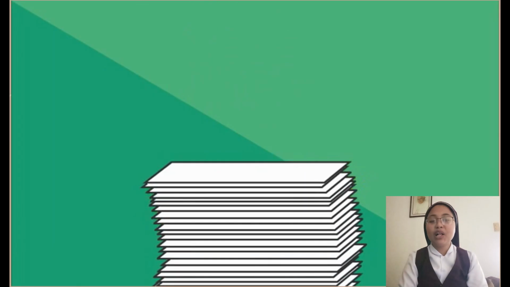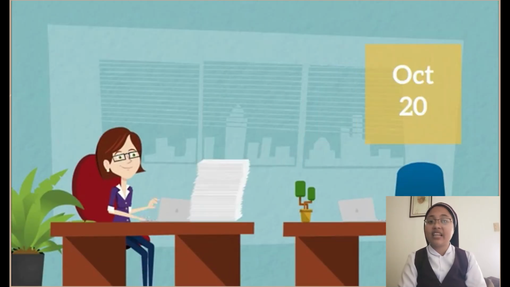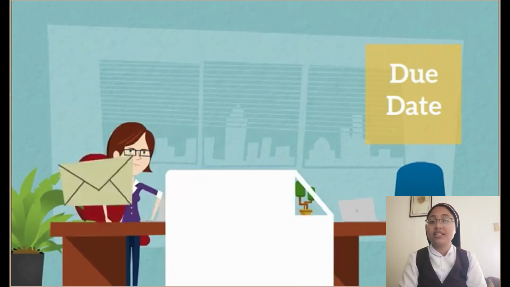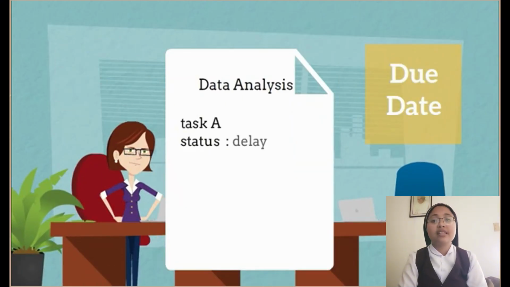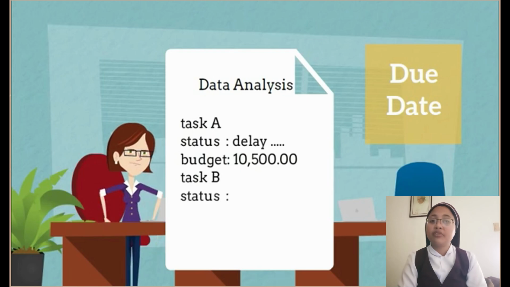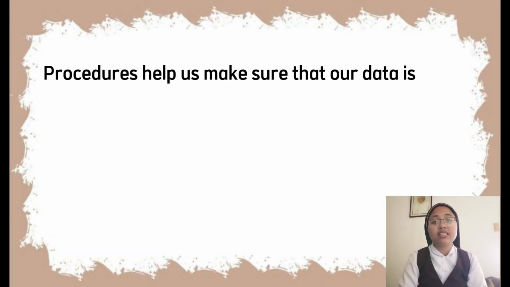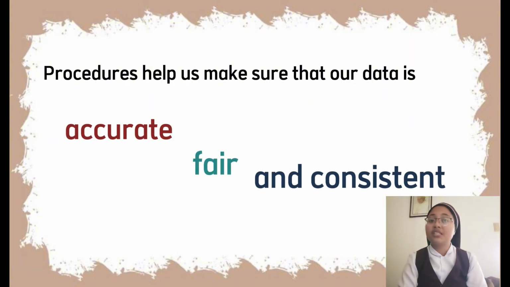In research, following proper procedures in data gathering is crucial. Why? Because consistent and ethical data collection ensures that the information we obtain is accurate, unbiased, and relevant to the study. Procedures help us make sure that our data is accurate, fair, and consistent.